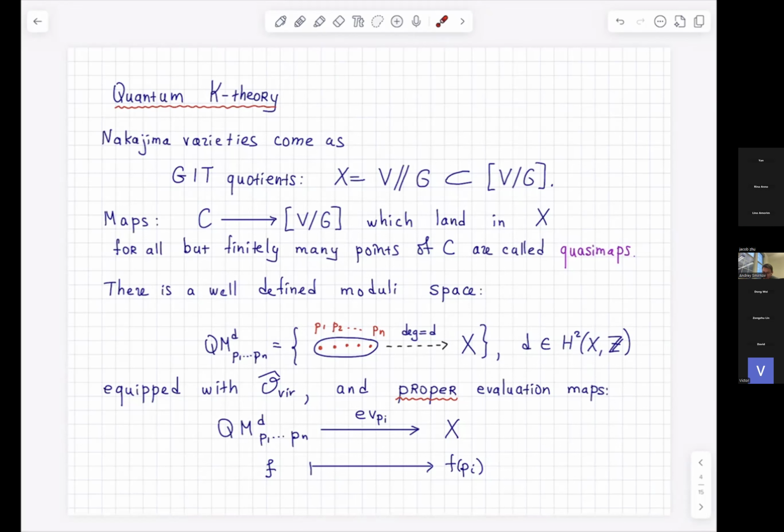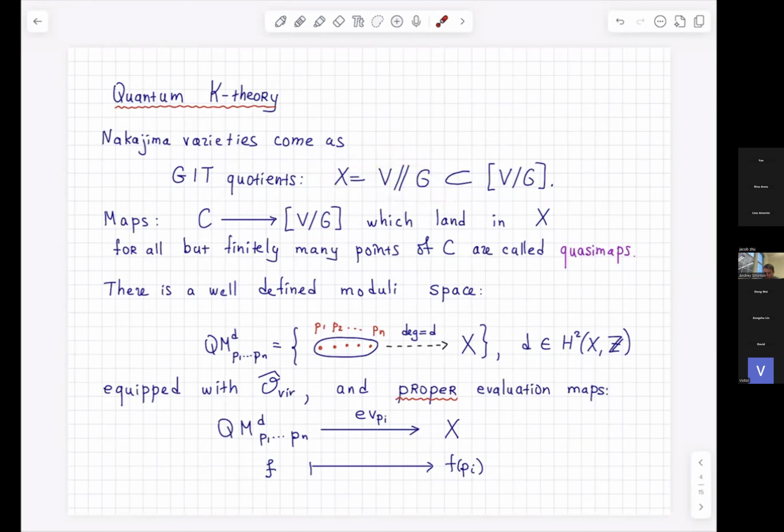But you may always think that this variety is sitting inside the categorical quotient stack as an open subset, and then consider maps from the curve to the stack, which generically land in this open subset.